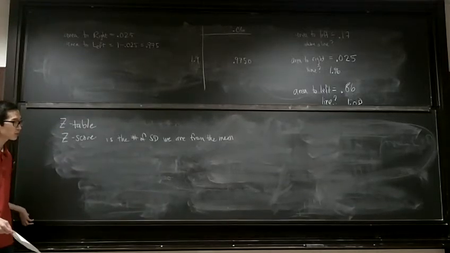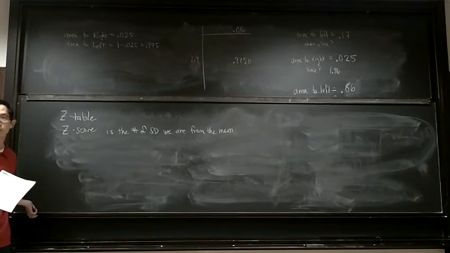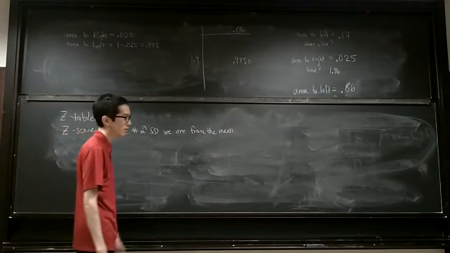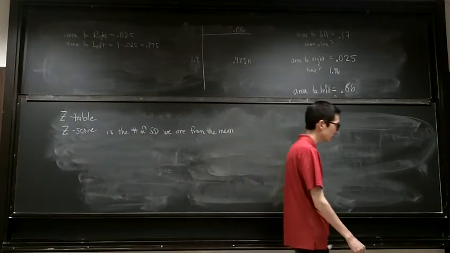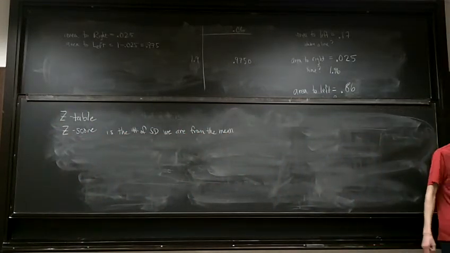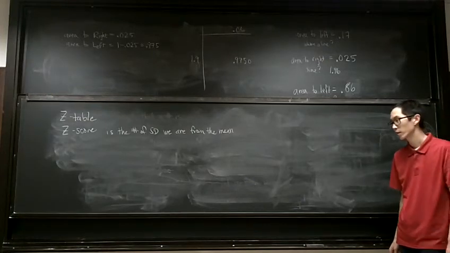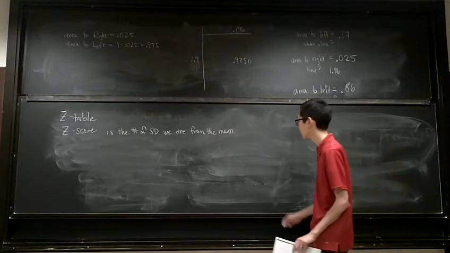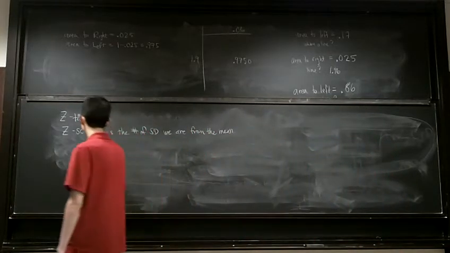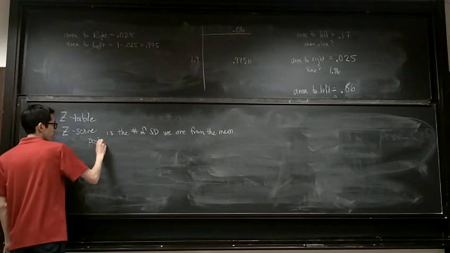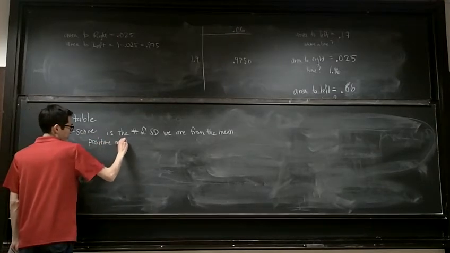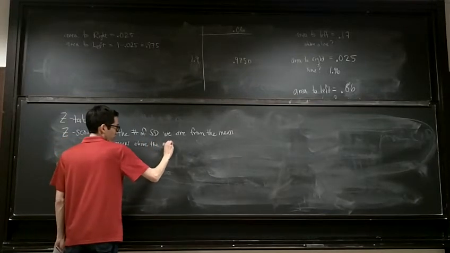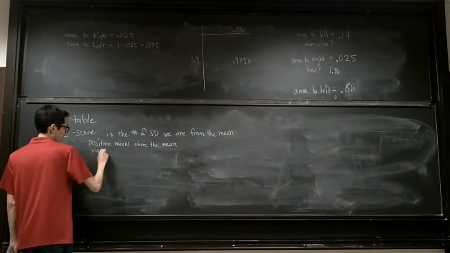If the Z is positive, we're above the mean. If the Z is negative, we're below the mean. Write that down.